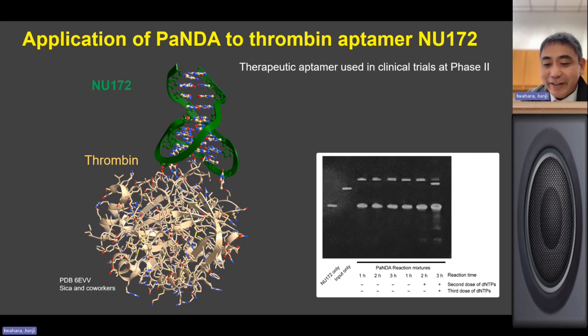So we have to use 0.2 millimolar dNTPs, but once dNTPs are all used up, you can add more to produce more materials. Okay. Really a great question.